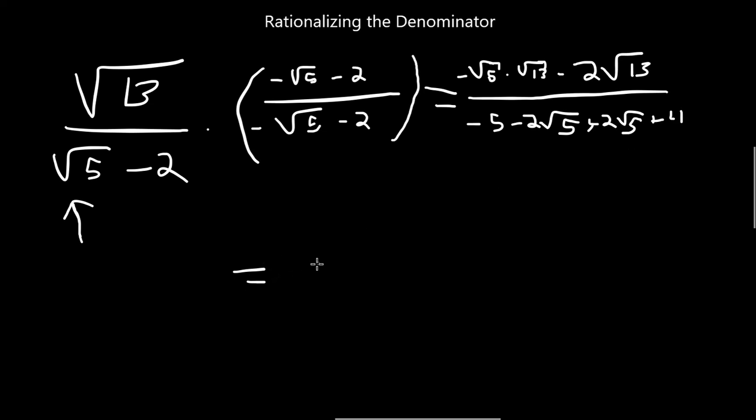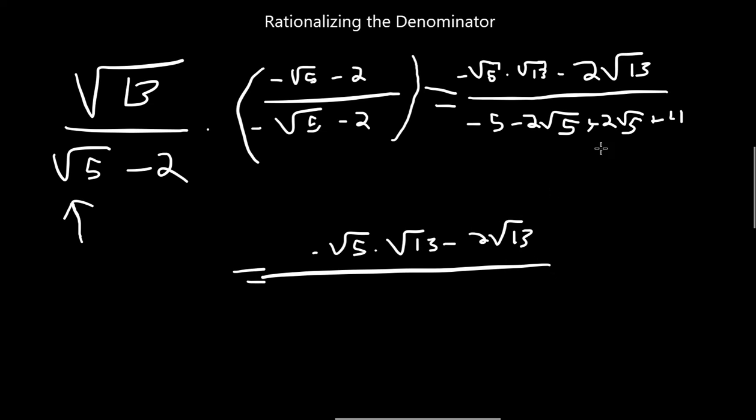So this is going to become negative square root 5 times square root 13 minus 2 times square root 13. These are going to cancel. And then negative 5 plus 4 is negative 1.